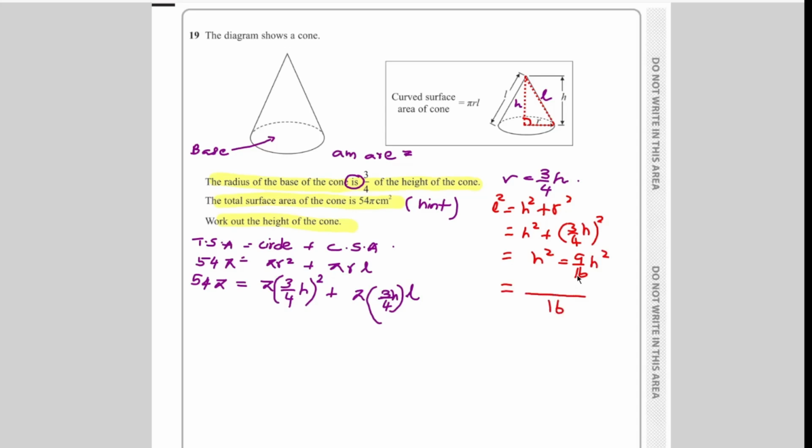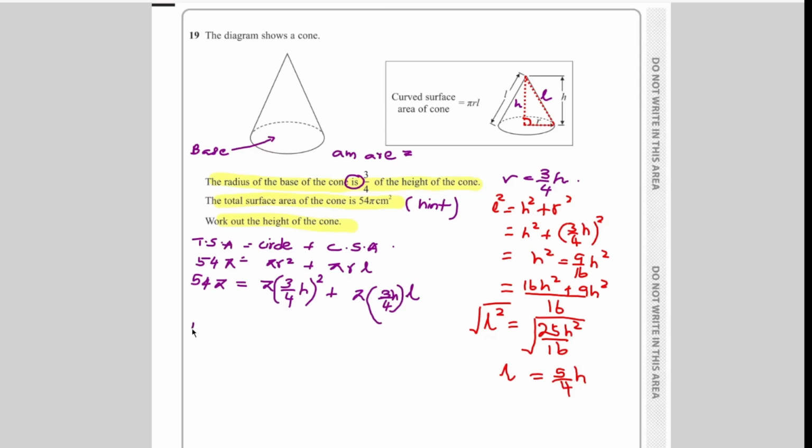Then we are getting 16h squared plus 9h squared, which gives 25h squared over 16. So this is our L squared. Then L equals, we need to get the root of this one. So it is 5/4h.